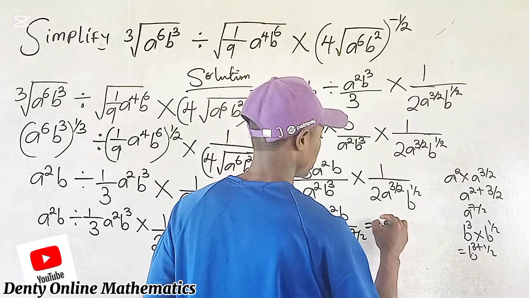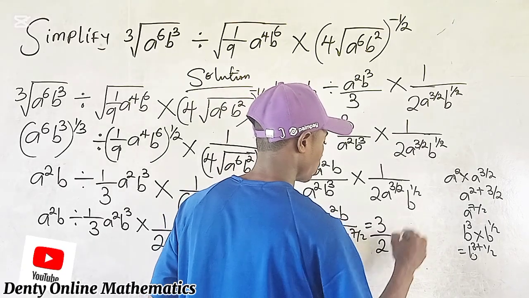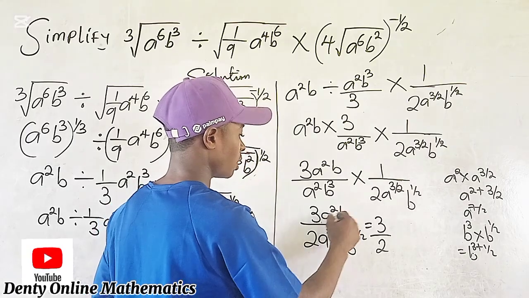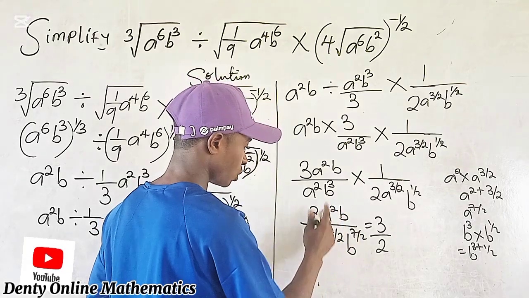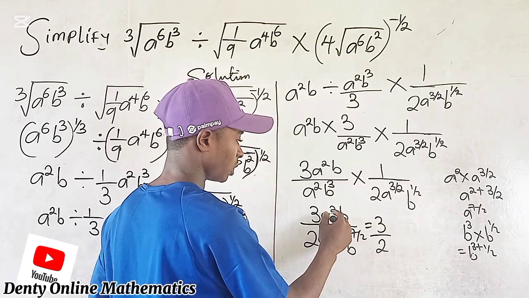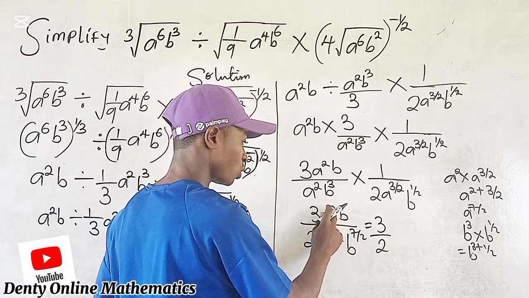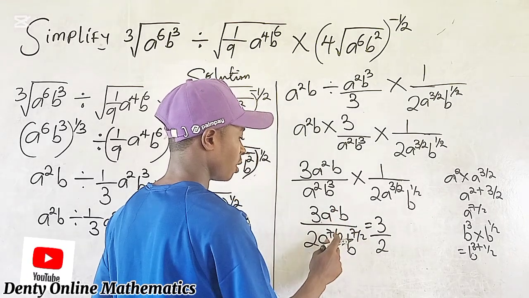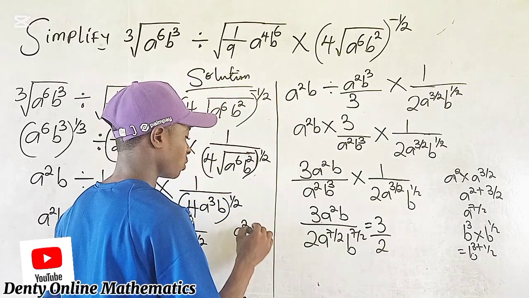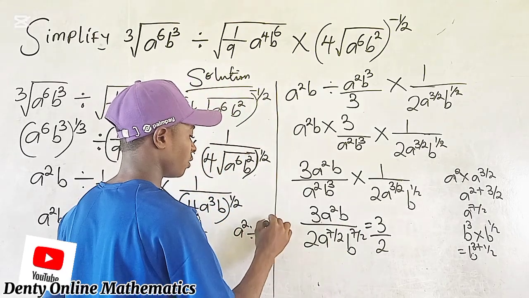Now let's come down. This come down with 3 all over 2. Now I've brought down 3, I brought down 2. So I'll work with this exponent now. So what I'll do is it will be a raised to the power of 2 divided by a raised to the power of 7 over 2.